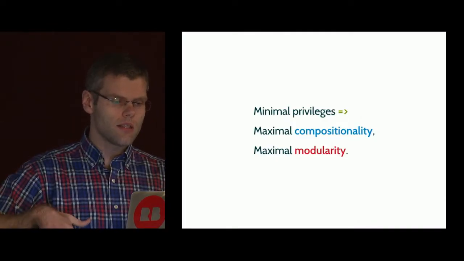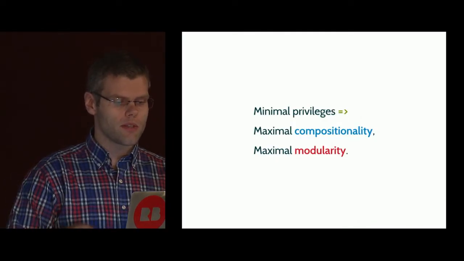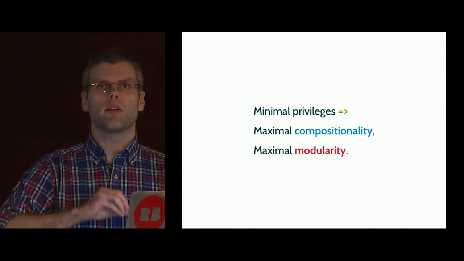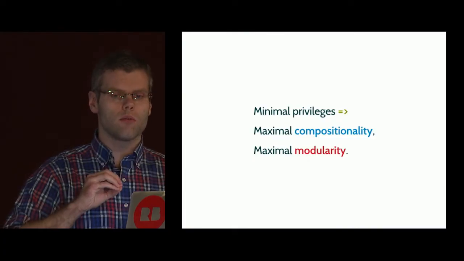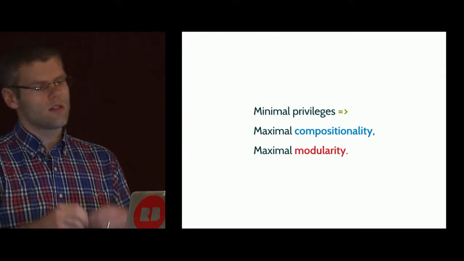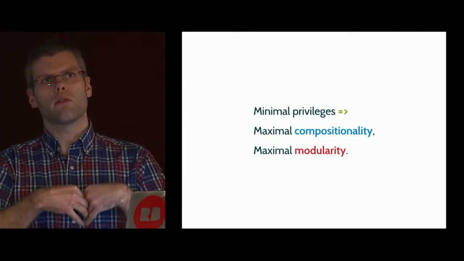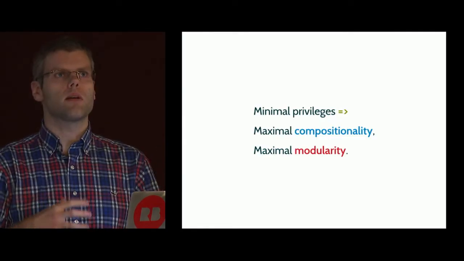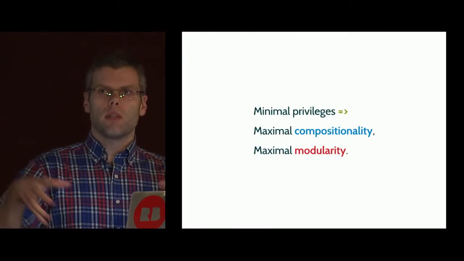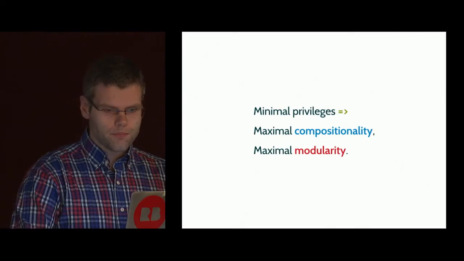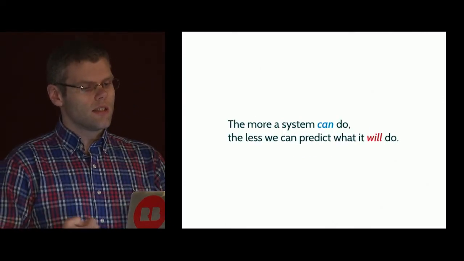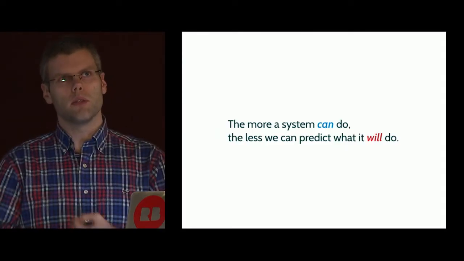And modularity is maximized as well by minimizing privileges, because we know that the interaction of that component is limited, and we can reason mechanically about where that interaction actually happens. And so we have overall better guarantees about system stability, and it's also easier to test our limited components in isolation. Right, so another example of where the more a system can do, the less we can predict what it will do. Yeah?